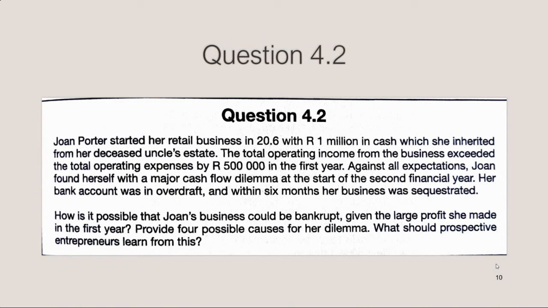So now they're asking you, how is it possible that Joan's business could be bankrupt given the large profit she made in the first year? Why did she go bankrupt if she actually made a profit? What do you guys think could potentially have happened?